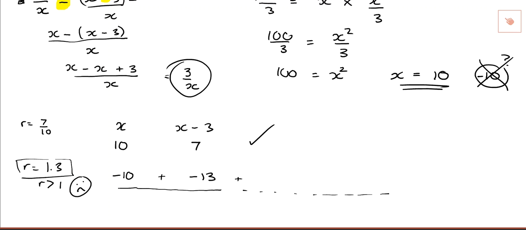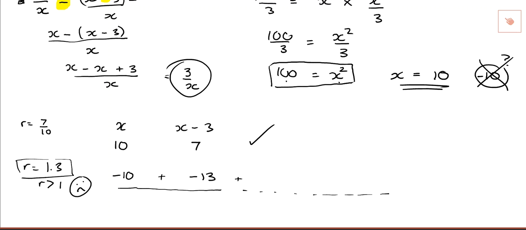You should know by now and be fully aware that if I end up with x squared equals 100, there are two possible values, but it's whether they are applicable or not. And in sequences, they often are, because your r value could be positive, but it could also be negative.